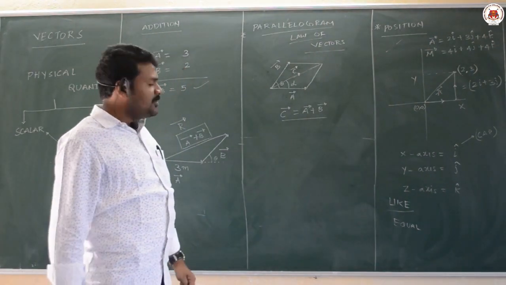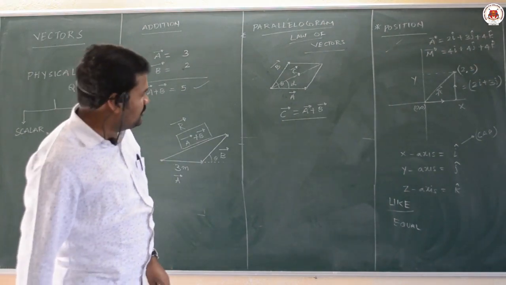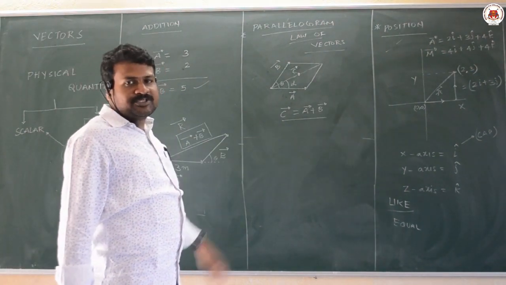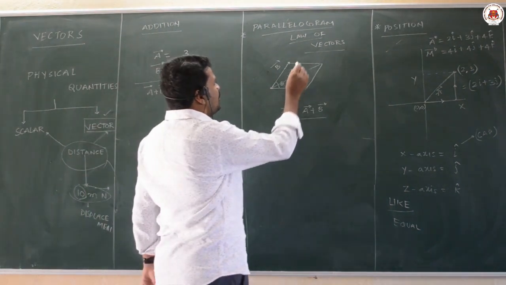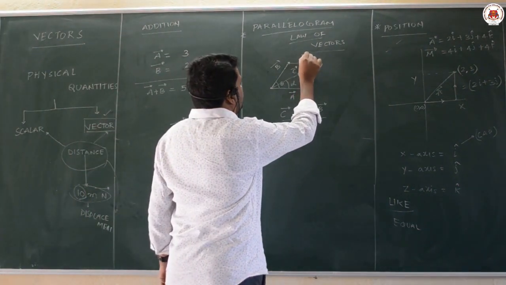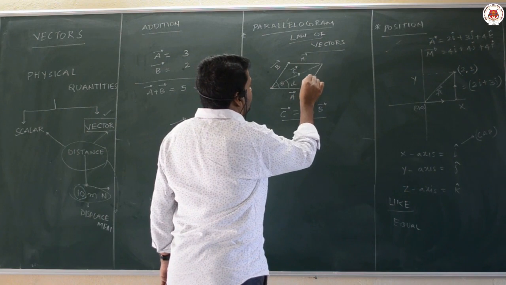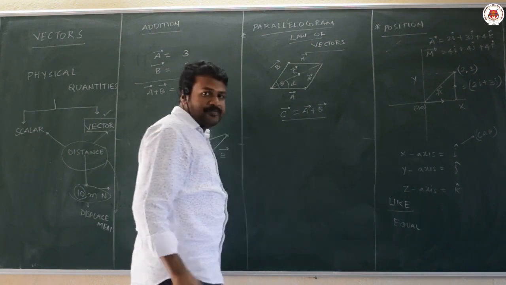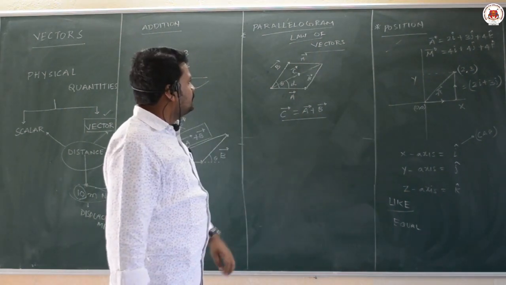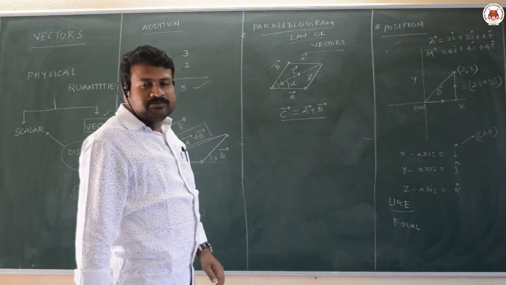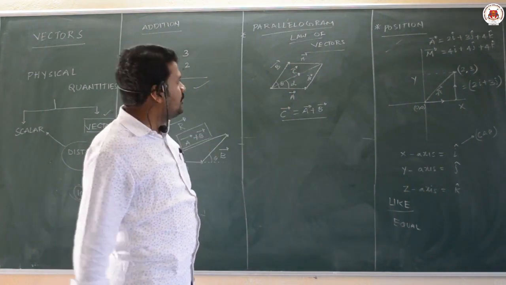You can observe here carefully. According to mathematics, in a parallelogram opposite sides are equal. So this is A bar, this also A bar, this also B bar. Up to here it is clear. Now what I will do, I will do some construction in this parallelogram.